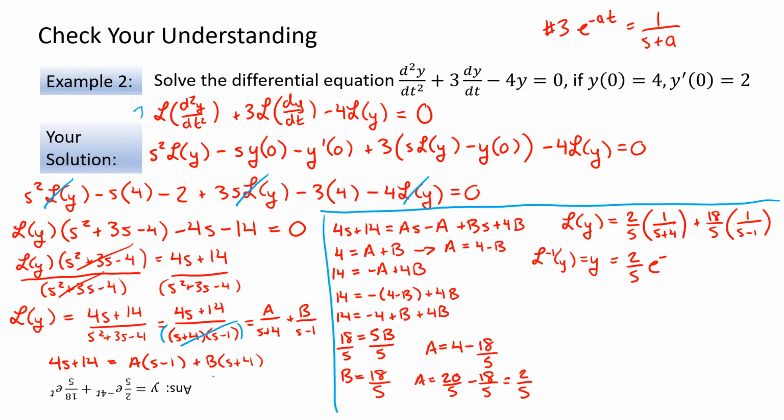Well, here we have a is 4, so 4t, plus 18 divided by 5, and the second one is a negative number, meaning that it's going to be a negative value for a. So we get e, and then we have negative times negative 1 times t, or you can write that as just e to the exponent t. Okay?